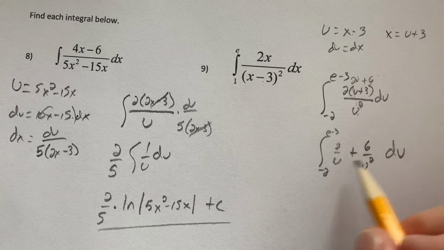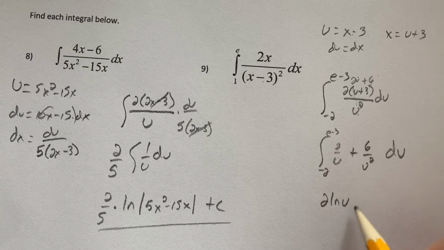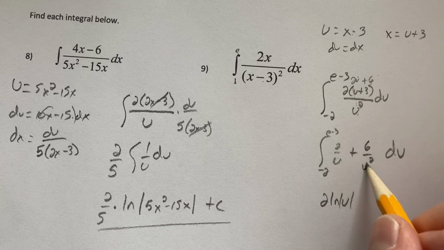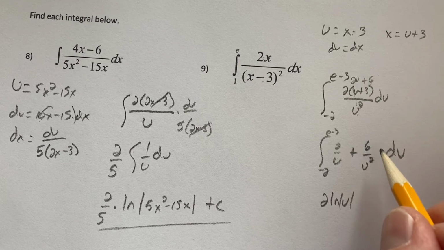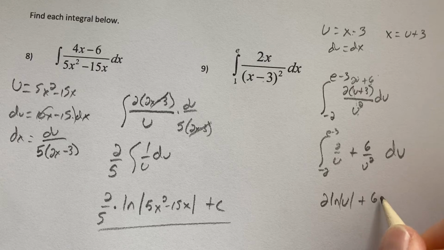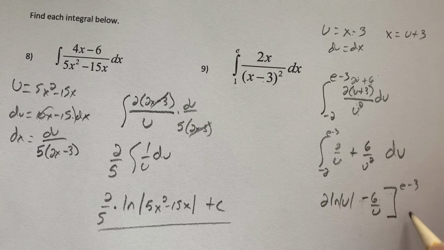All right, now I'm ready to integrate. 2 over u is going to become 2 natural log of the absolute value of u, okay? 6 over u squared is 6u to the negative 2. When I integrate that, it's just a power rule. It's going to be 6u to the negative 1 over negative 1. So that over negative 1 makes this a minus, and that u to the negative 1, I'm just going to drop down there, okay? And we're doing this from e minus 3 to negative 2.